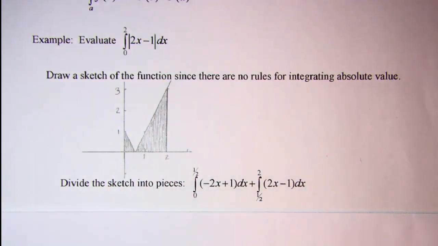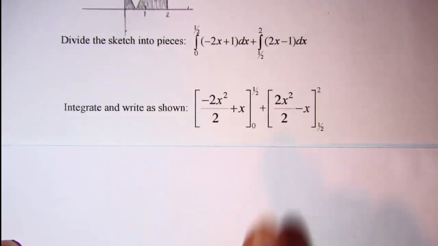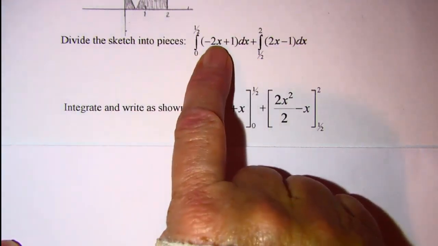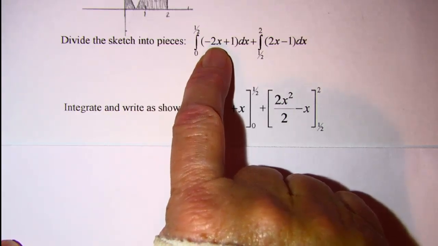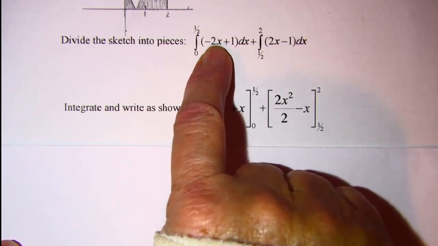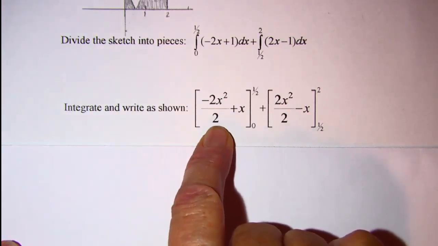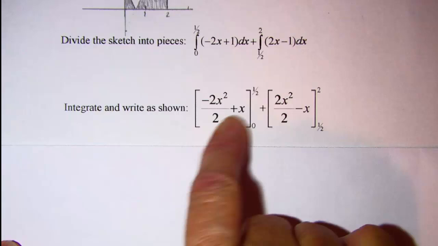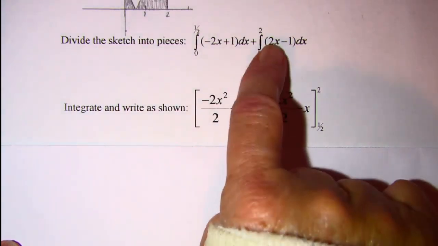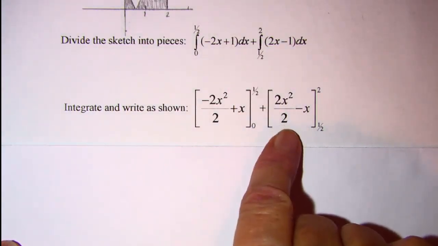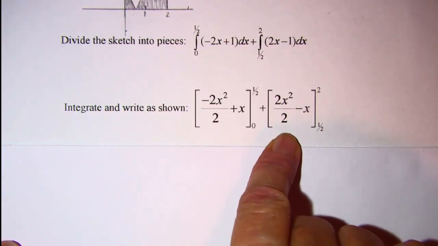We'll use the Fundamental Theorem of Calculus to integrate these two. And again, you increase the exponent by 1 and divide by the new exponent. So I have -2x squared divided by 2 plus 1x. And then on this one, it'll be 2x squared divided by 2 minus x.